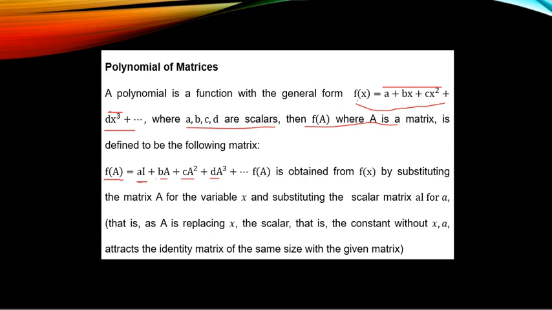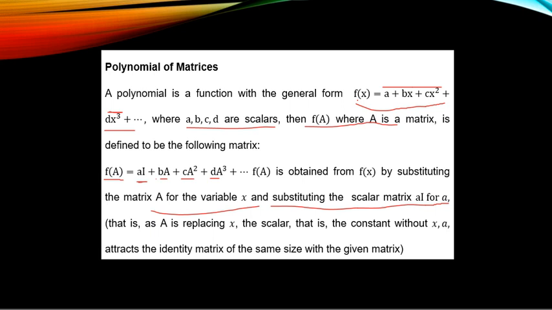So as the matrix replaces the variable s, the constant without s attracts the identity matrix of the same size as matrix A. So f of A is obtained from f of s by substituting the matrix A for variable s, and substituting the scalar matrix aI for a, since a has no variable.